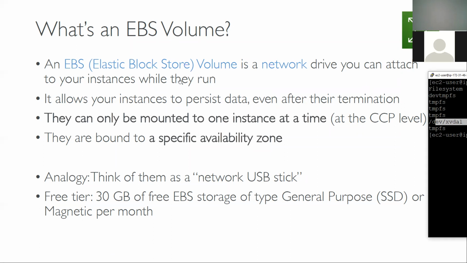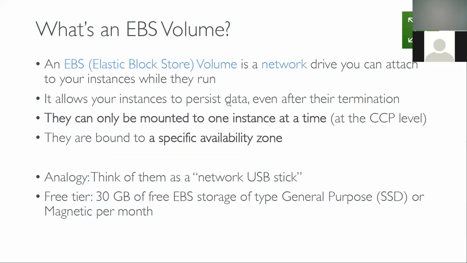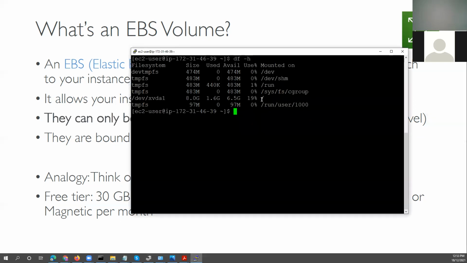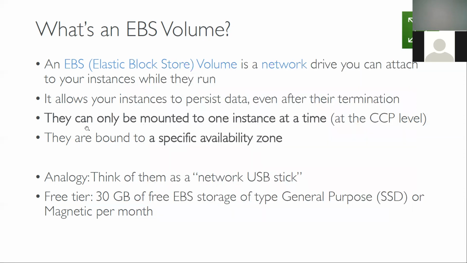That's been attached to EC2 habang running. This EBS allows me to persist data. Now, even if I reboot this one, nandun pa rin data ko. Hindi yan mawawala. Nandiyan pa rin yung index HTML. Kasi persistent eh. They can only be mounted to one instance at a time.